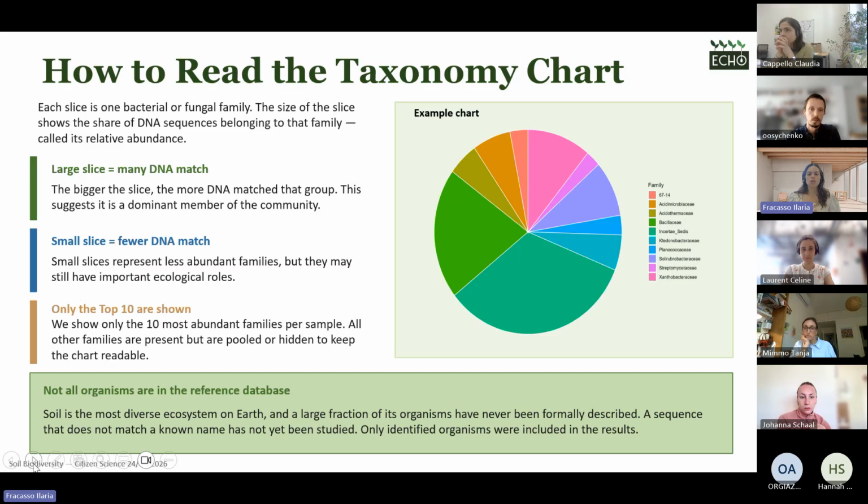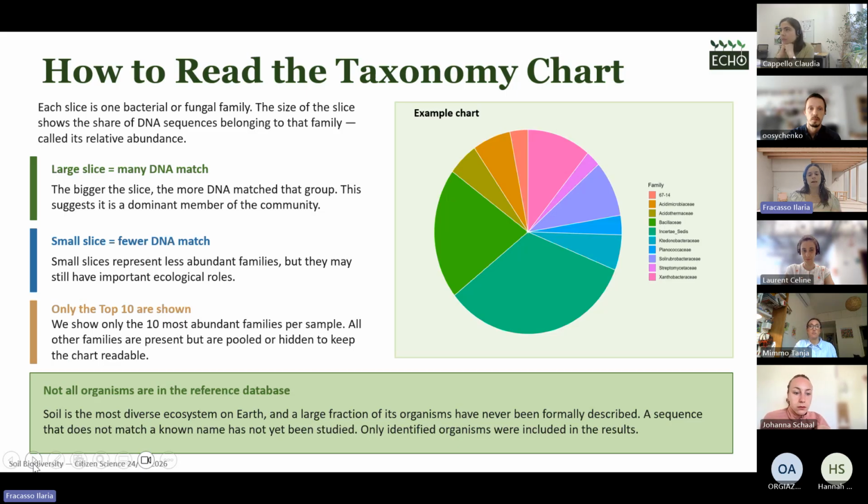In each chart, you can see the 10 most abundant families or phyla per sample, and each slice represents a specific organism. The size of the slice is connected to the amount of DNA that matched that organism. But what I would like to underline is that the size of the slice cannot be directly connected to the importance of the role of the organism in the soil.